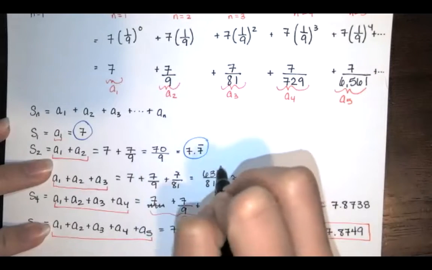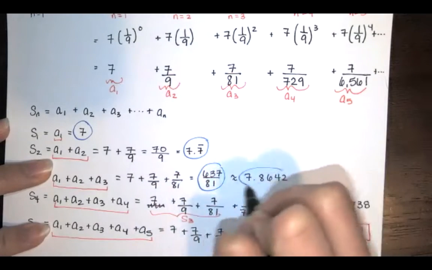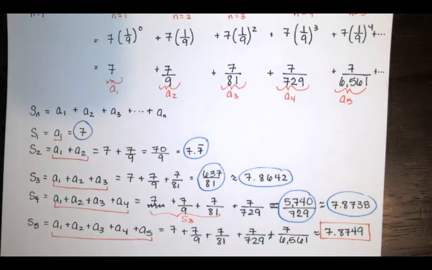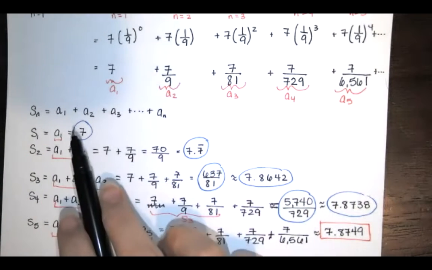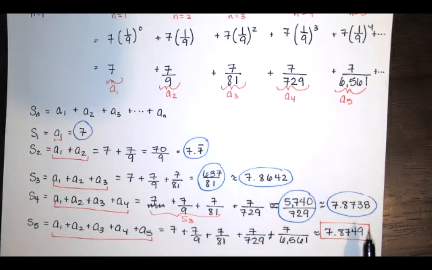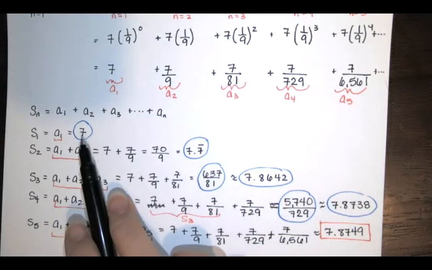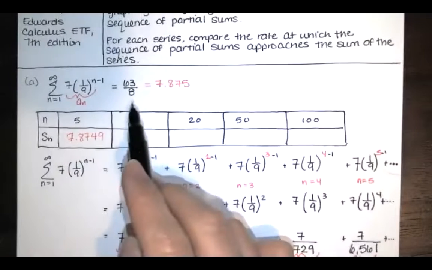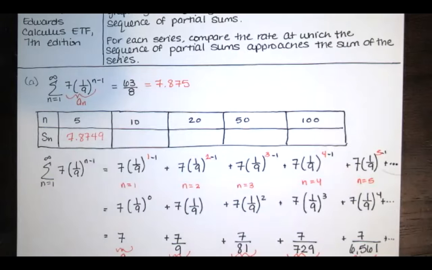And then we've got this number, which is approximately this number. Then we have this number, which is approximately this number, and so on. And we're asking ourselves, does this partial sum approach a finite value? It's 7.7 repeating, 7.8642, and so on. And it turns out that it does, because it's a geometric series, and it converges to the number 63/8, or 7.875.